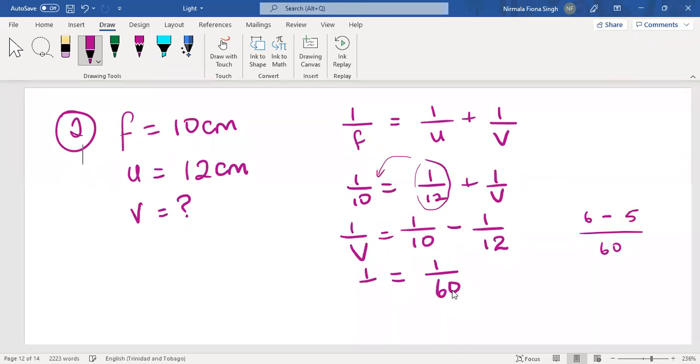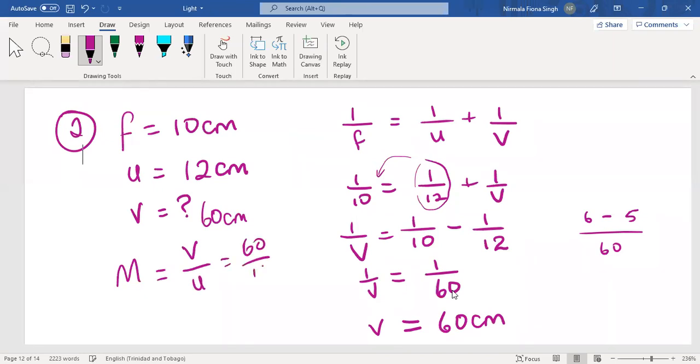So you're going to get 1 over V is equal to 1 over 60. You just find the inverse. So your image distance will be 60 cm. So if you get your image distance to be 60 cm, you could work out your magnification too. That's going to be V over U, which is 60 over 12, which is equal to 5.